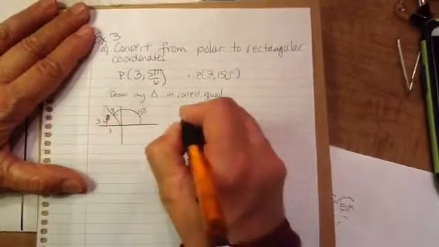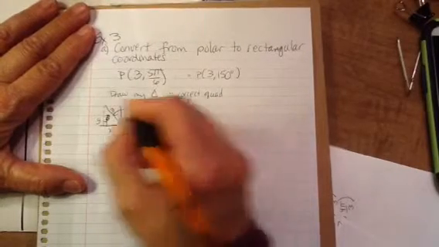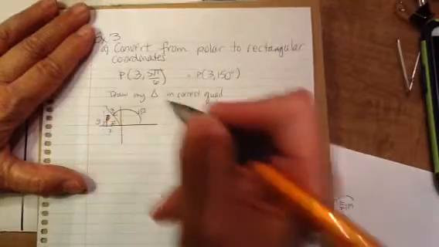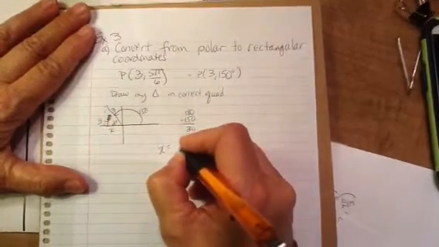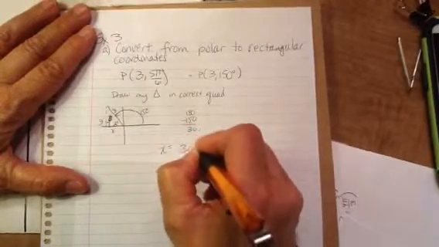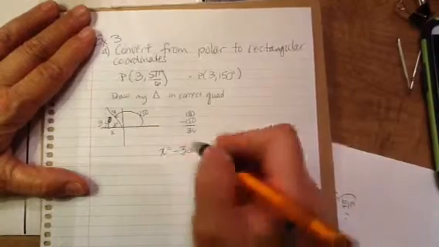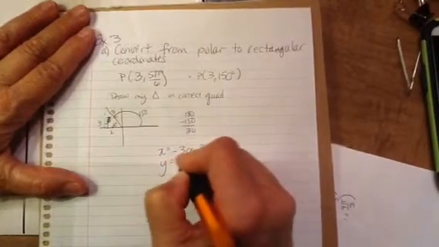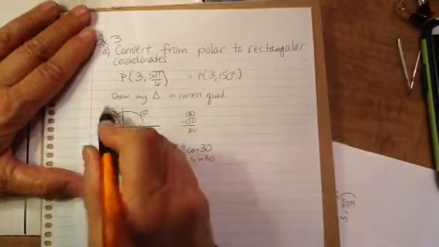This angle here is 180 minus 150. So here's a 30-degree angle. And I know that x is going to be 3 times the cosine of 30. And because I went to the left, it's negative. And my y is going to be 3 times the sine of 30 because it's going up.